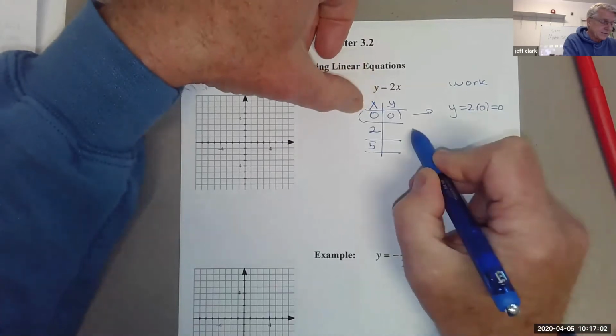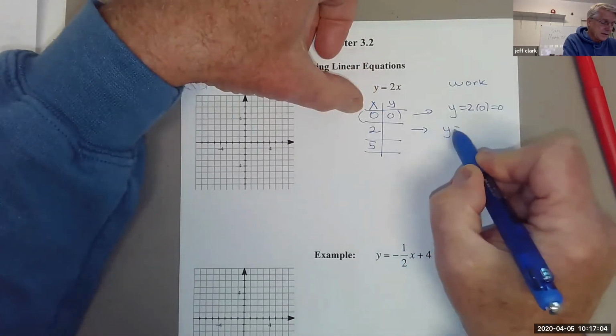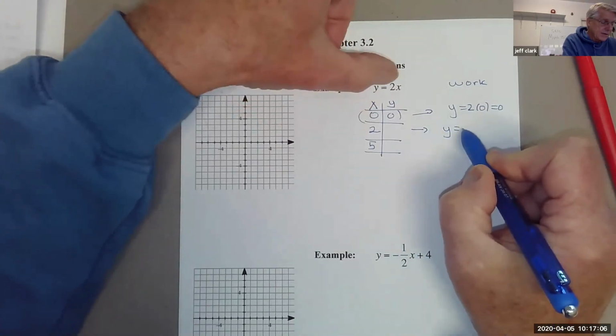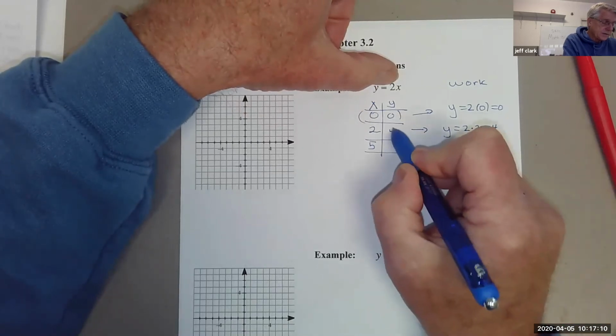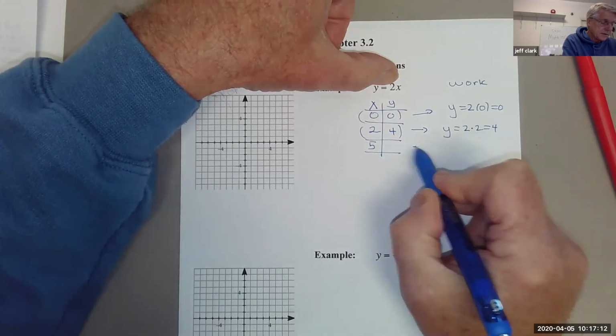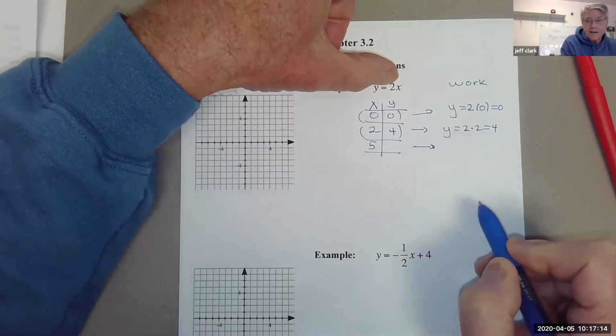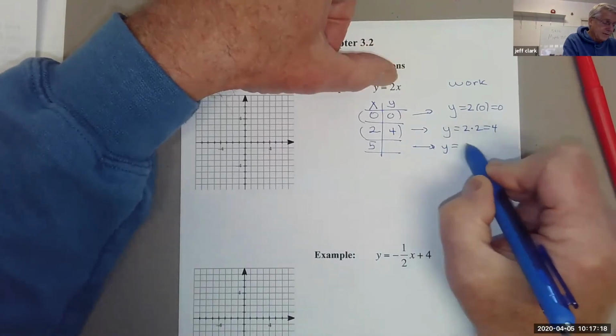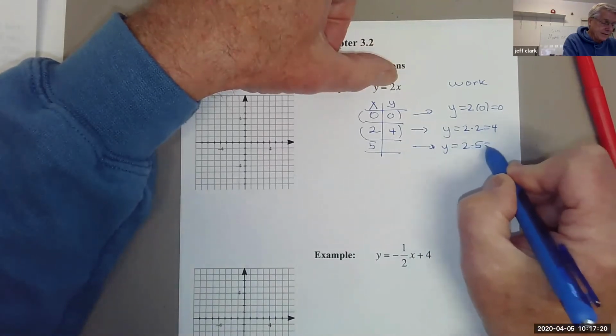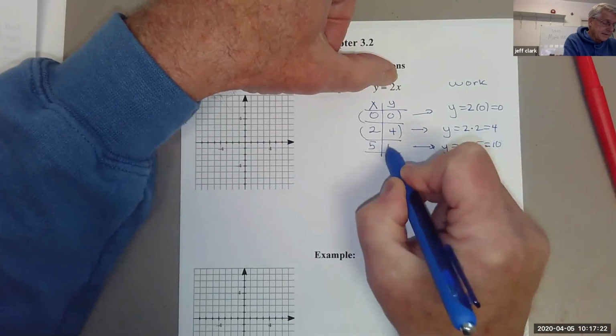Okay, let's try this one. Okay, X is 2. So Y equals 2 times 2, which is 4. Let's try the 5. So Y equals 2 times 5, 10.